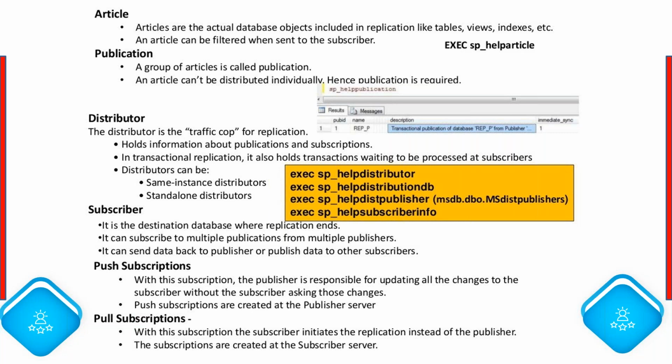Article is nothing but your object, sir. It can be table, view, stored procedure, functions, triggers, whatever, sir. Article is nothing but the object which you are replicating from publisher to subscriber. Publisher to subscriber. Clear? Not clear?